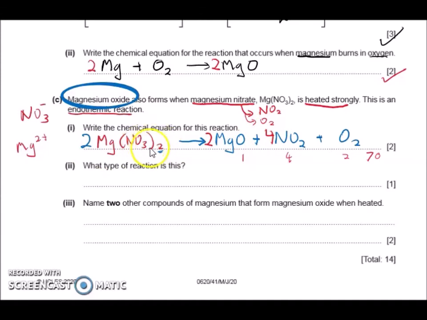So your total oxygen here will be 12. Here's 8 oxygens, plus with 2 here, so you're getting 10. So here we just have to put there 1, we don't have to put. Okay, so the equation has been balanced, and you are getting here 2 marks. Okay, when it is heated strongly, this type of reaction, we call it a thermal decomposition.